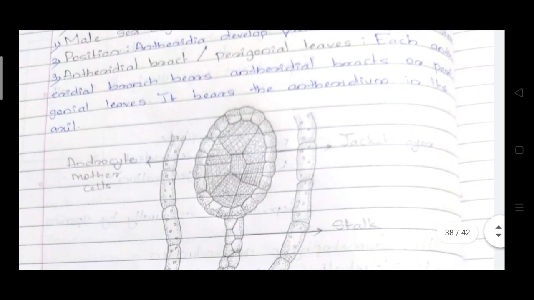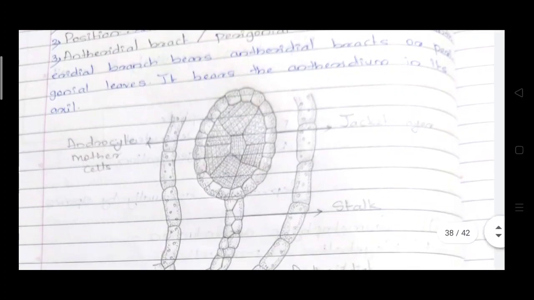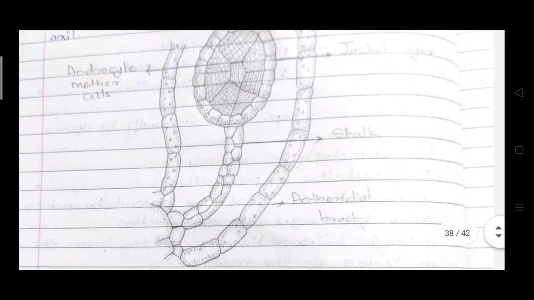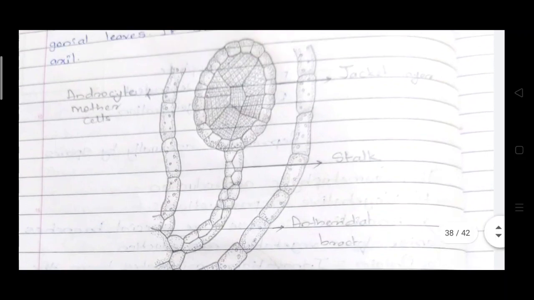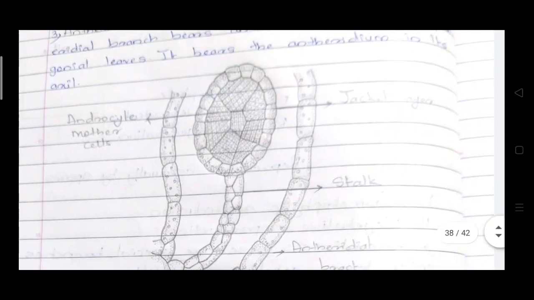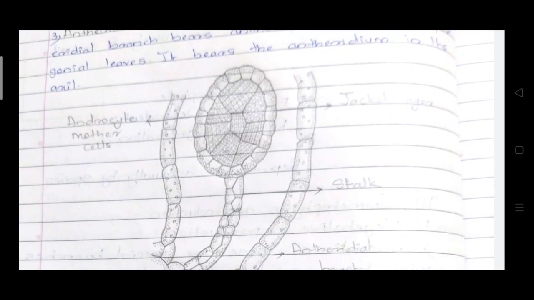These antheridial bracts bear the antheridium in their axil. This is the structure in which you have to see the antheridium, at the sides of the antheridial bracts. These antheridia have a long stalk and a capsule.